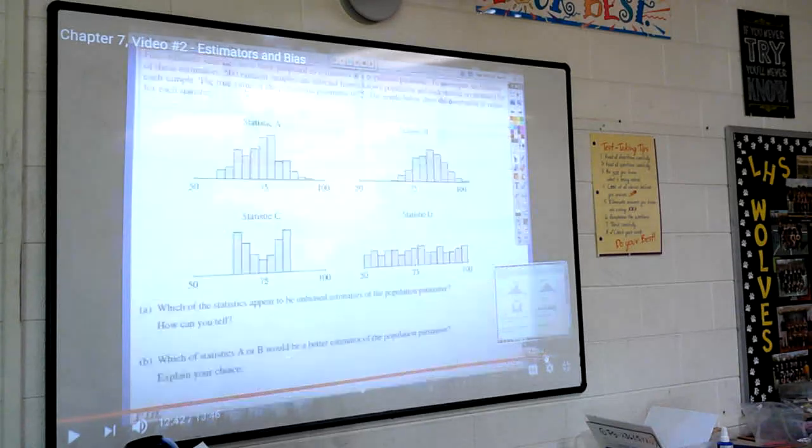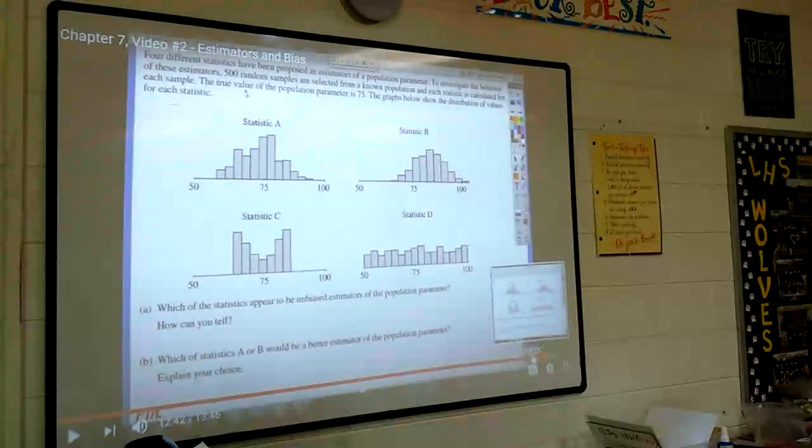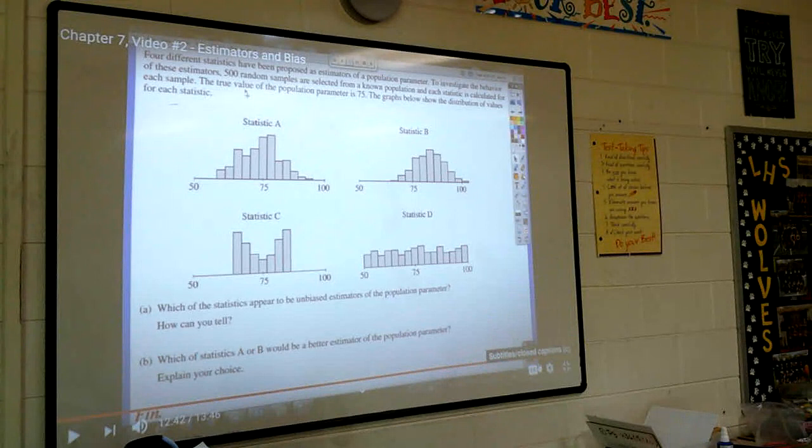Okay. Now, in the last problem, it says answer the last problem of the video here. This is the last problem. So it says 4 different statistics have been proposed as estimators of the population parameter.